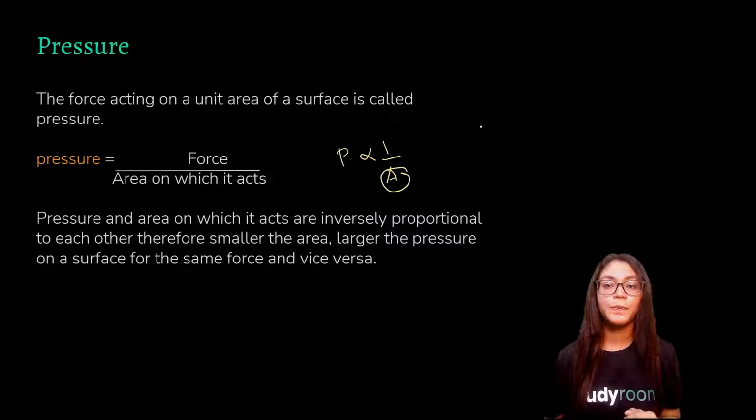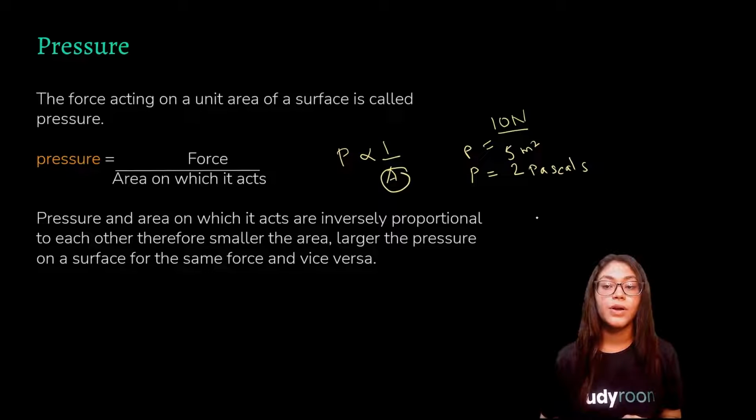Let's have a look here. Suppose a force of 10 Newton is applied, and the area on which it is acting is 5 meters square. Then pressure will be equal to 2 pascals.